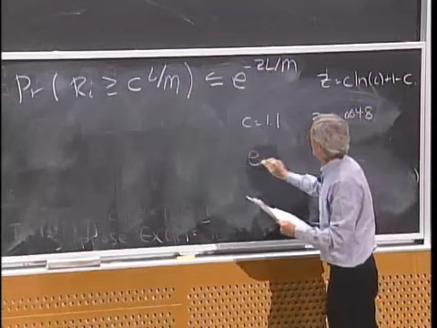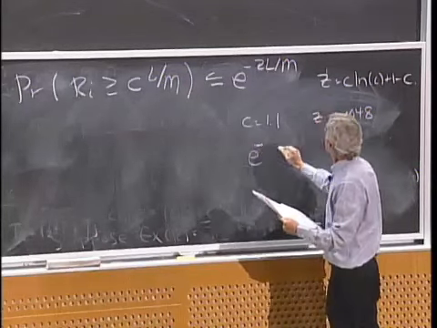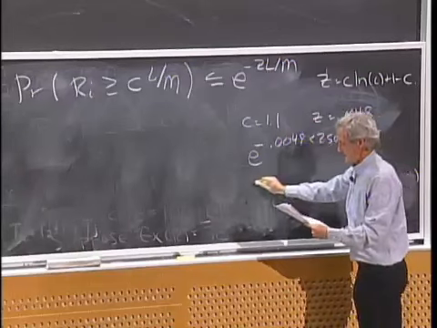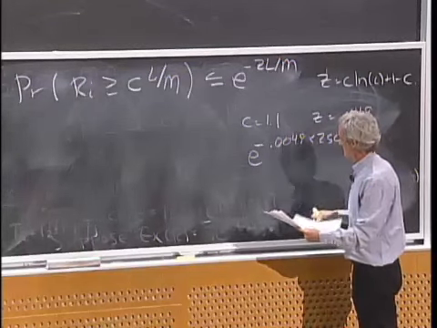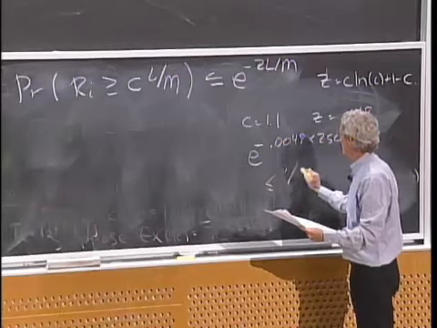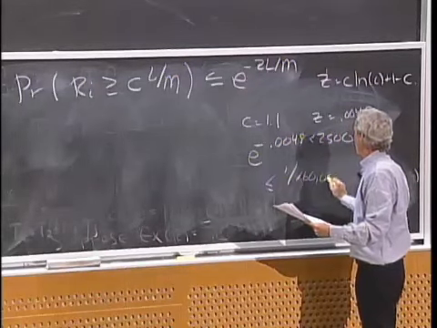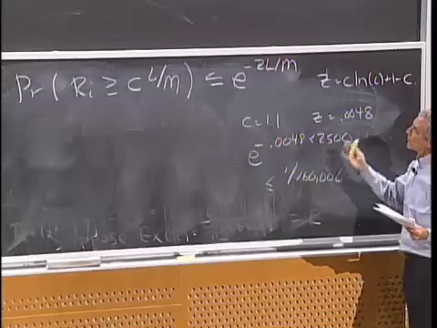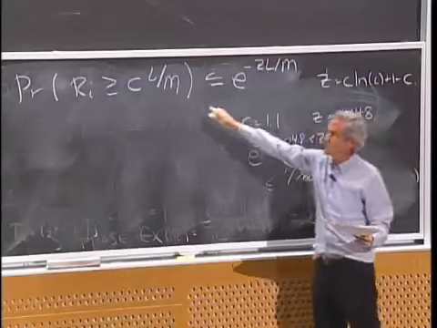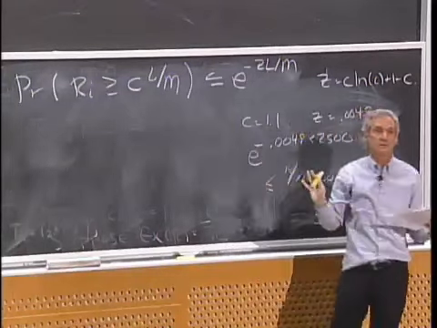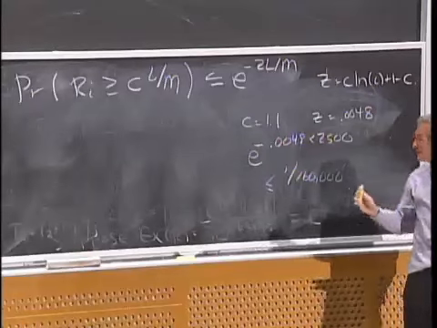So we get e to the minus 0.0048 times 2,500. And that is really tiny. That's less than 1 in 160,000. So Chernoff tells us the probability that a particular server gets 10% more load than you expect is minuscule.